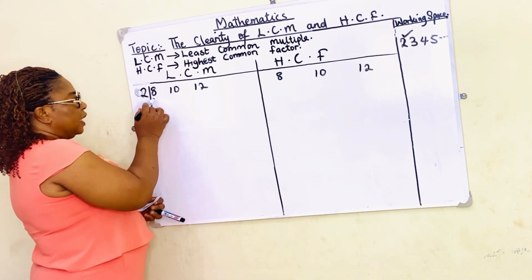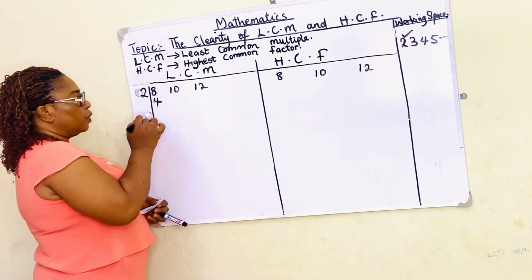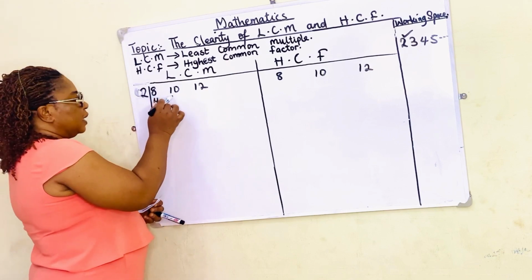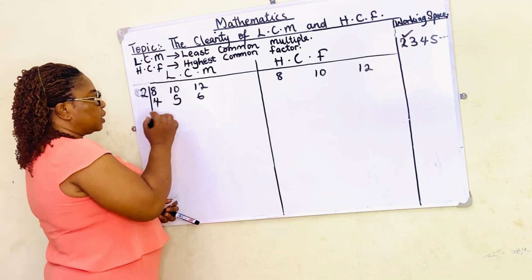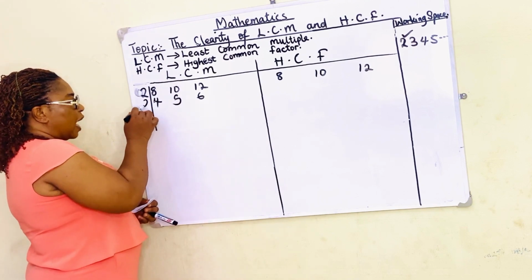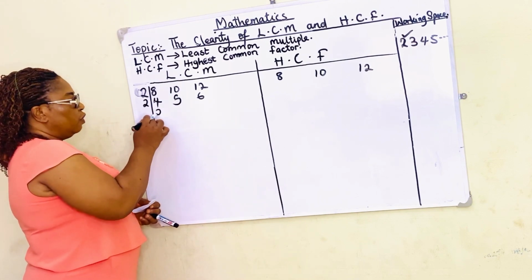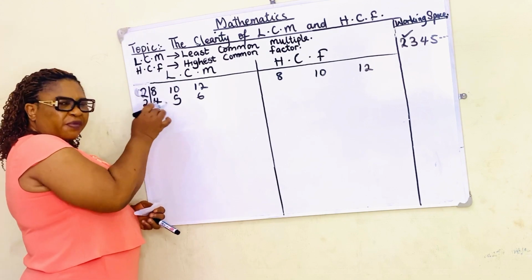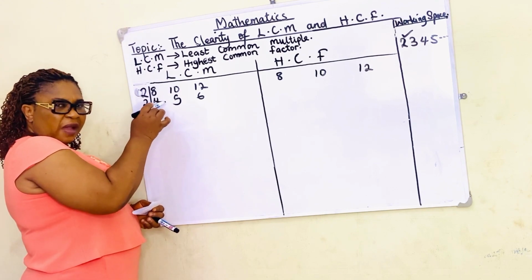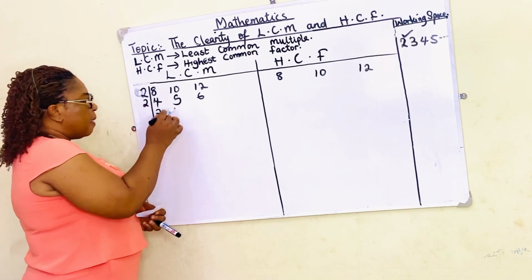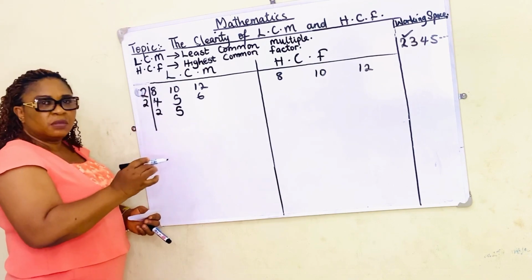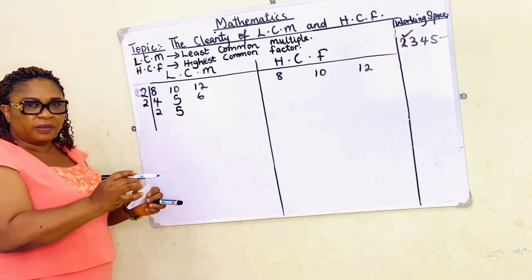2 divide 8, that will give us what? 4. 2 divide 10, that will give us 5. 2 divide 12, that will give us 6. 2 can still divide, so I continue with 2. 2 divide this 4 gives 2. 2 cannot divide 5. Are you listening? 2 cannot divide 5, so I bring it down.